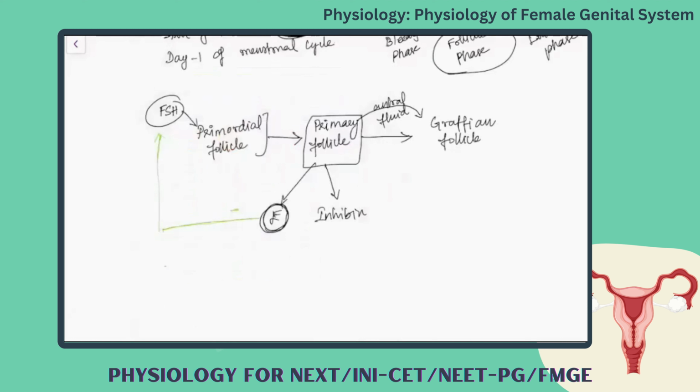The functions of estrogen released from the primary follicle: it gives an inhibitory signal to the FSH. Okay, on the other hand, it gives a stimulatory signal to the LH, and thirdly, it is involved in the proliferation of the endometrium of the uterus.